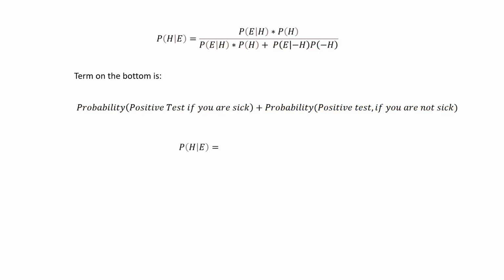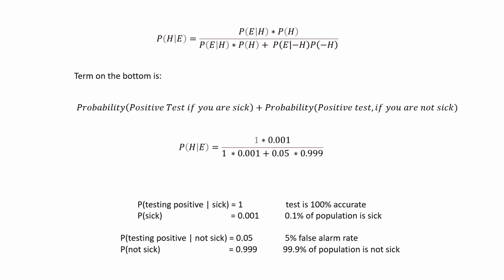Now, substituting some values, we have 1, the probability of testing positive given you are sick. It's 1 because the test is 100% accurate if you are sick, times the next term, 0.001, the probability that you are sick, which is 0.1% of the population on average.